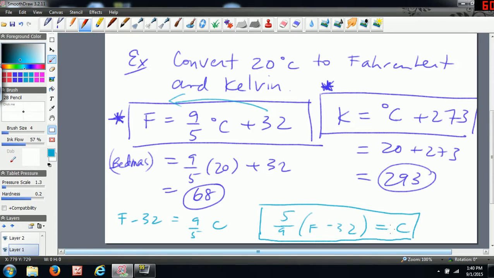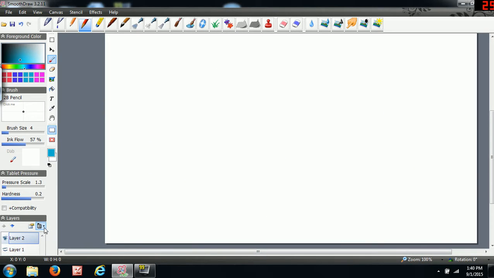And you can use this equation to find Celsius when you have Fahrenheit. And same thing here, we could solve for C in terms of K. So that we would just bring 273 over to the other side. And then you would be left with Celsius equal to Kelvin minus 273. Okay, and I'm just going to show you another example where you could do this.